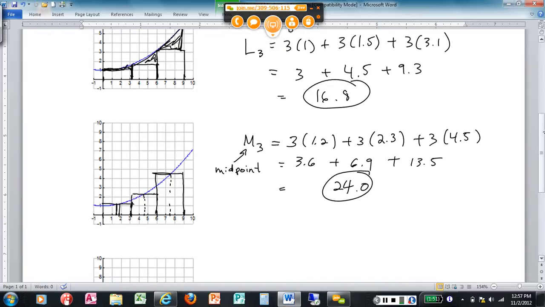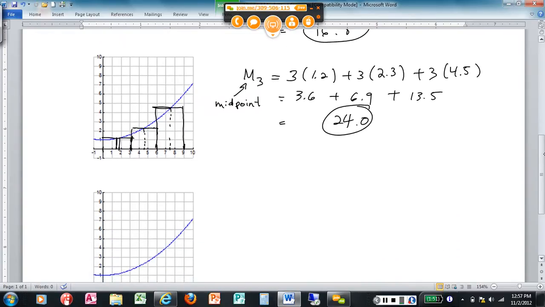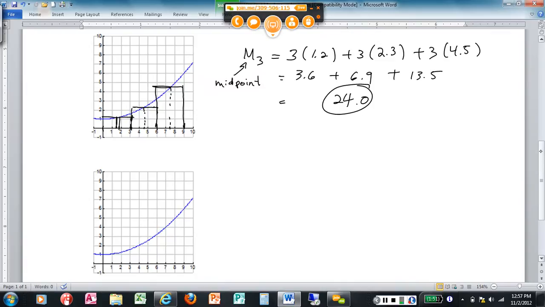But let's talk one more here, just to get a few other things. Let's change it up. Let's estimate the area under the curve on this fourth one from x equals 1 to x equals 8, using R5.